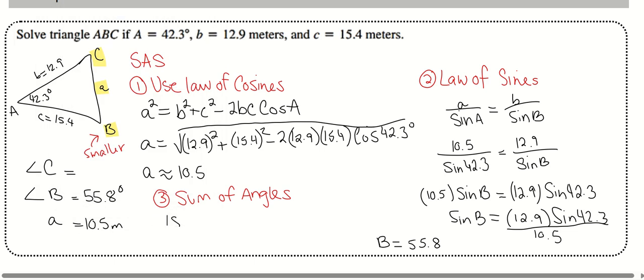But basically, you guys know that you take 180 minus both of the angles that you have to find that third angle, and that should give you 81.9. So angle C is 81.9.